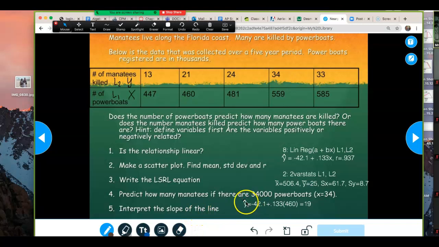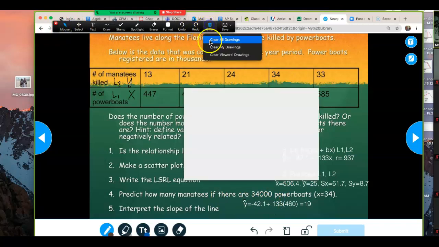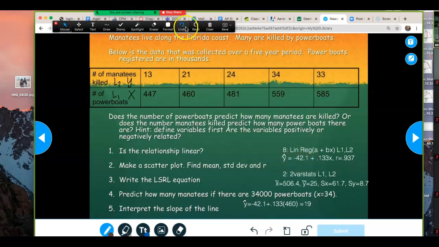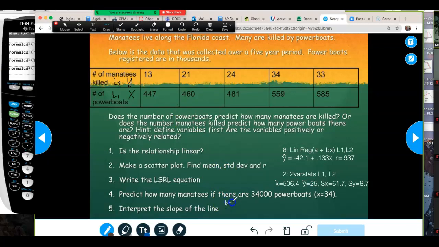Let's interpret the slope of the line. I'm going to write down here: the slope of the line, b, equals 0.133. Okay, so the slope of the line is rise over run. We're going back to Algebra 1.